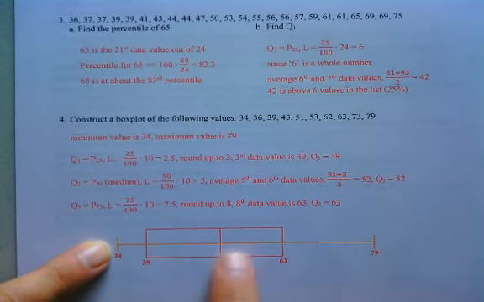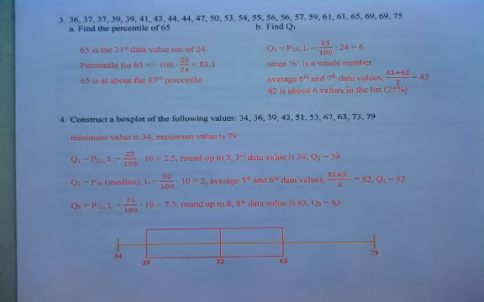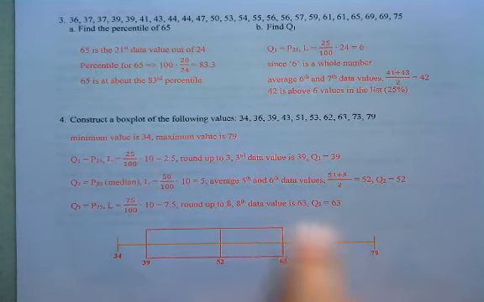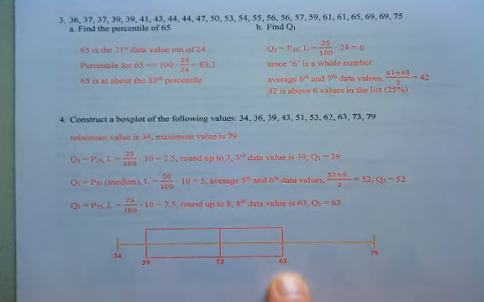Now, that does not mean necessarily halfway in terms of how these have been stretched out, because it just means that half the data values are down here and half the data values are up there. And then here we have our Q1, 39. Here we have our Q3, 63. Draw a little box. And basically, the point of the box plot is it gives us a visual picture of the way the data has been laid out. And so, measures of position.